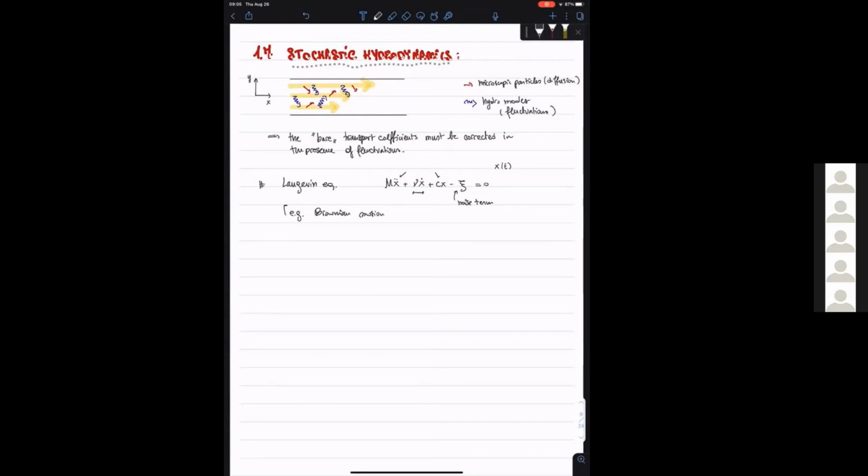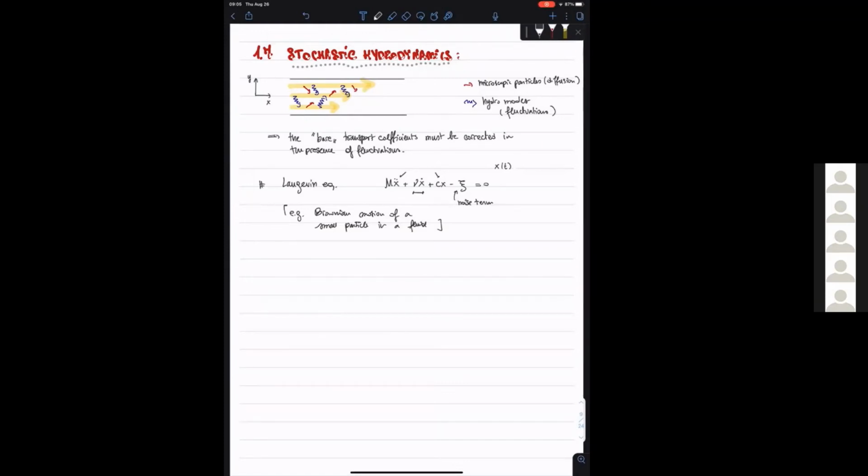So you can understand this equation as mimicking the Brownian motion of a particle in a fluid. The small particle in a fluid will feel the fluctuations of all the other particles in which it is immersed, and it will move because of the fluctuations of the system.